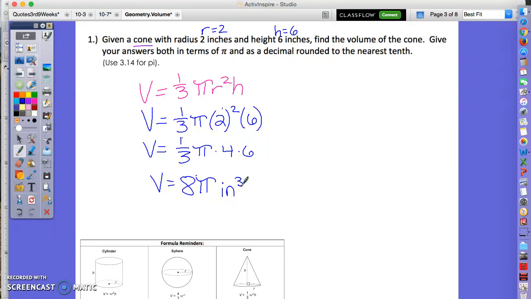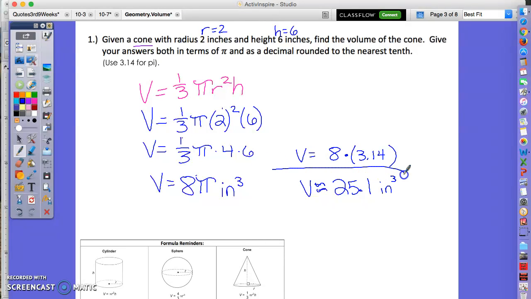That answer is left in terms of pi. Then to find your answer as a rounded decimal, you could simply take that 8 and multiply it by pi using your calculator, which is about 3.14 if you don't have a pi button. If you have the pi button, both will work. You should get approximately 25.1 inches cubed.